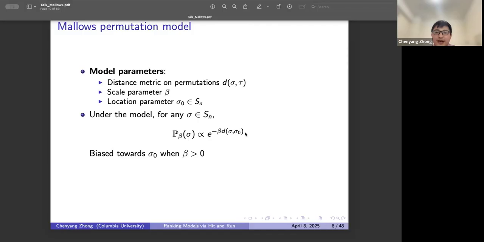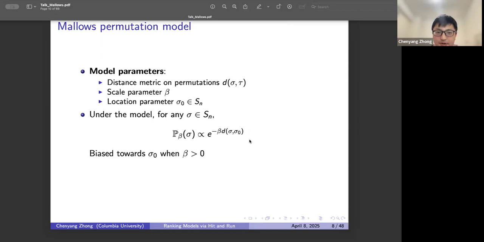Typically for usual distance metrics, if beta is a positive number, then as the distance between sigma and sigma 0 increases, the probability would decay exponentially. So a typical draw from this Mallows permutation model would be clustered around sigma 0, but since we have noise, it would not exactly be equal to sigma 0.